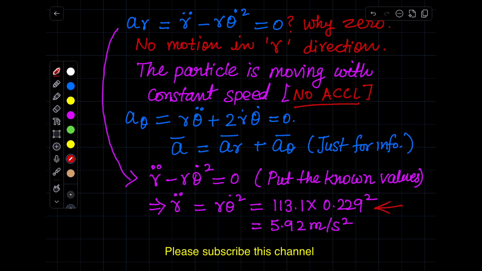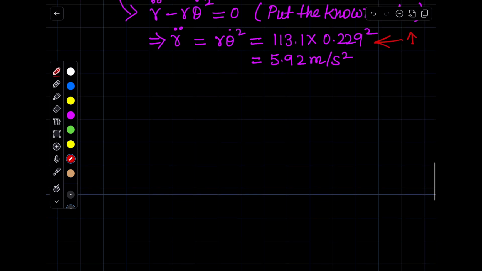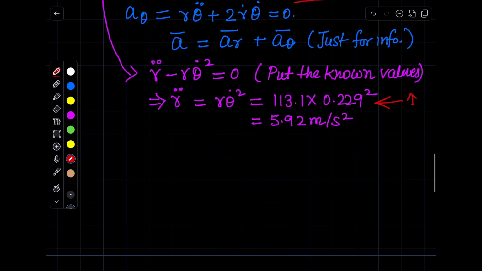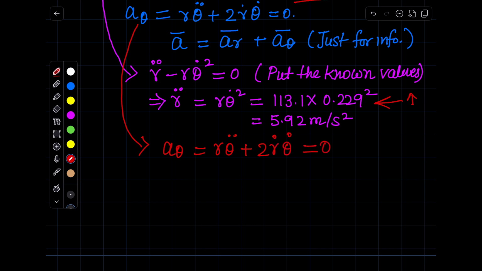Now sometimes students get confused with the units of r double dot, r dot, and theta double dot. I will tell you that r dot is always in meter per second, r double dot is always in meter per second square, and when we write theta dot, it is radian per second, and theta double dot is in radian per second square.